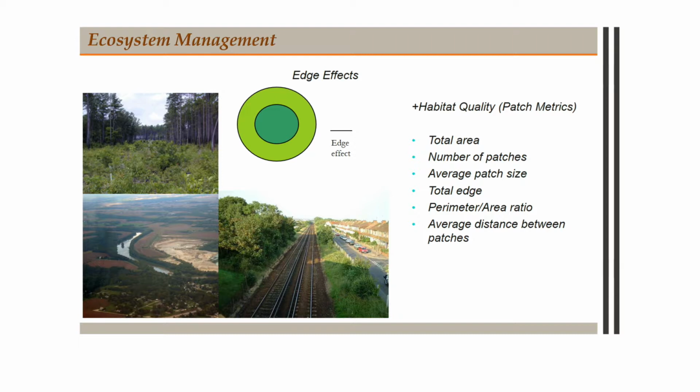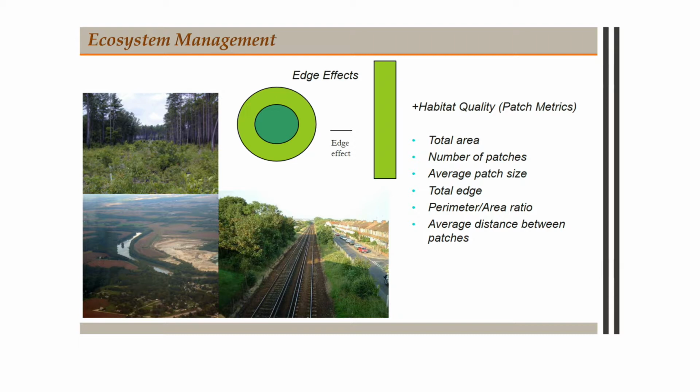And you can see this in a lot of different ways. We drive utility corridors through forests. We split up the landscape along large rivers with agriculture. We put infrastructure, railways, roadways in between habitat, increasing the edge effect and reducing the overall size of intact habitat patches.